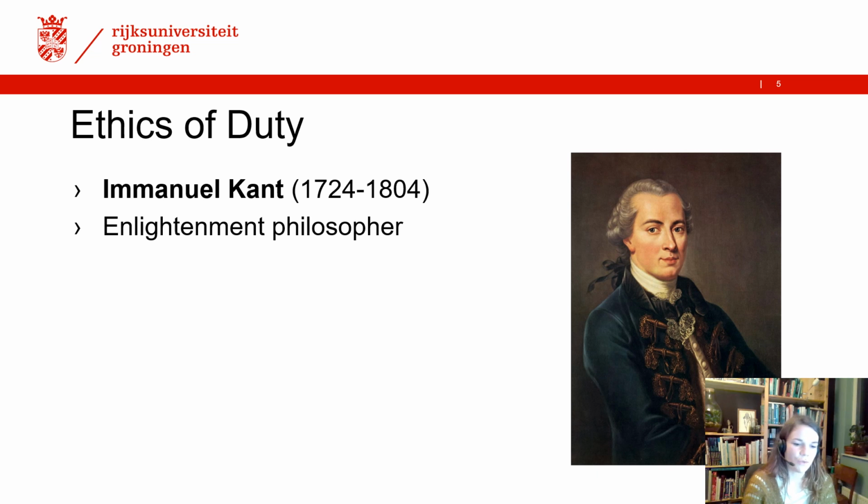Not just known for his ethical theory, but he wrote a lot of other books on how the world works. And he's still very important in how we think about ethics and morality, not just in ethics and philosophy, but also business ethicists adopt his thinking and how they think about ethics in business.